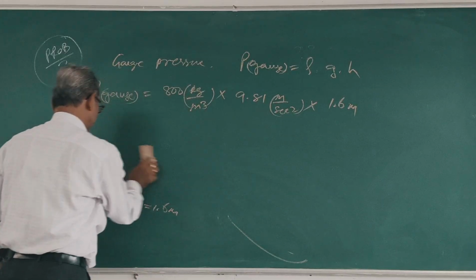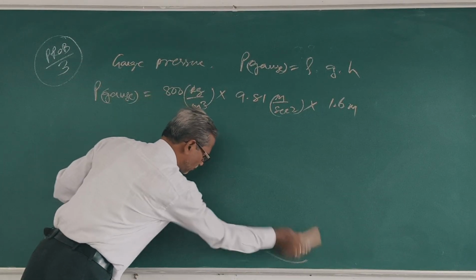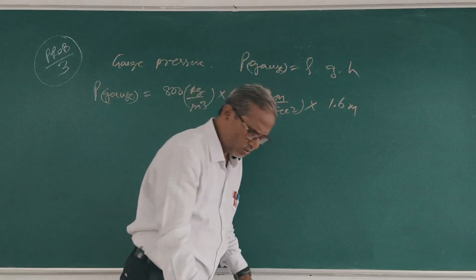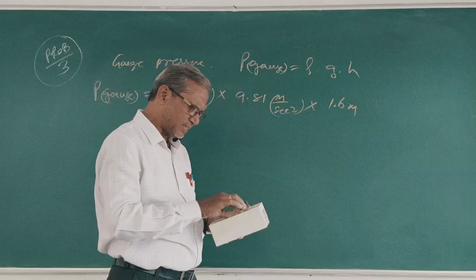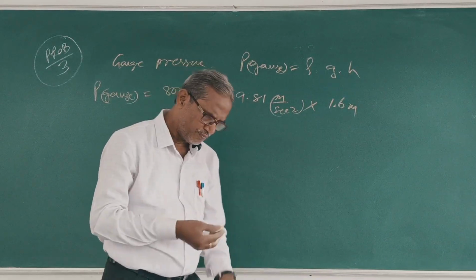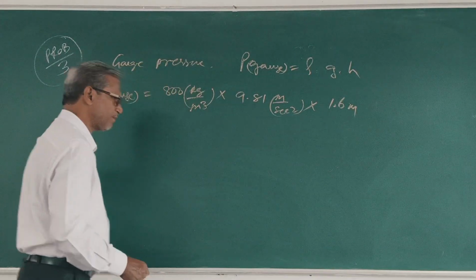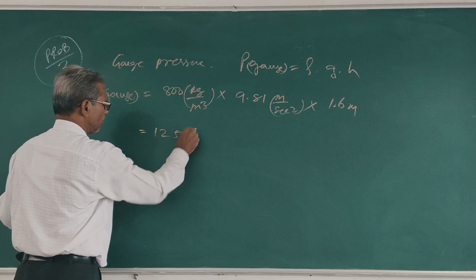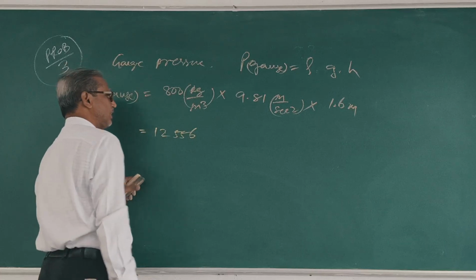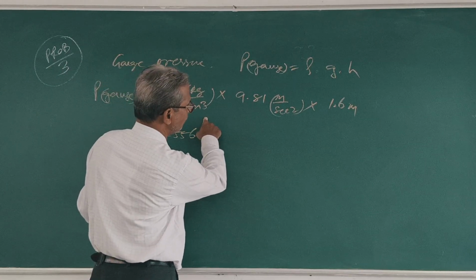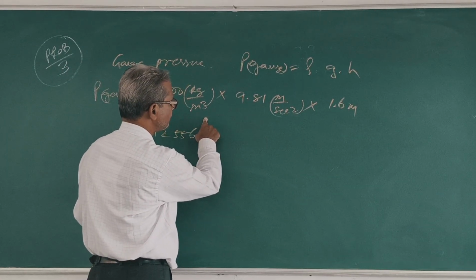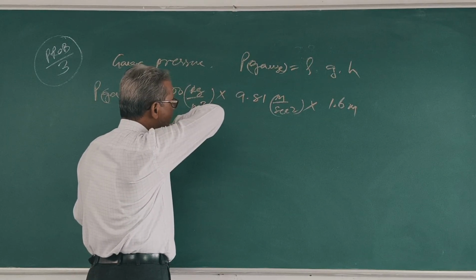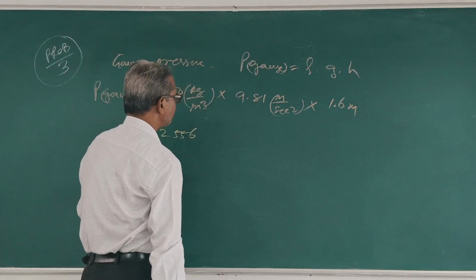Now, make the calculation. It may be 12556. This is equal to 12556 Newton per meter square. Clear?